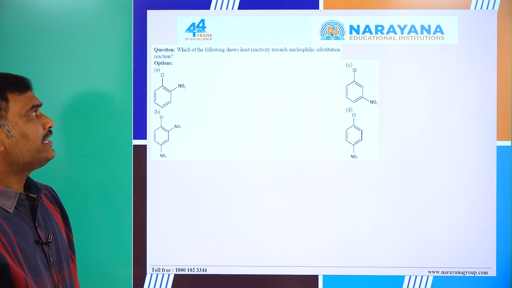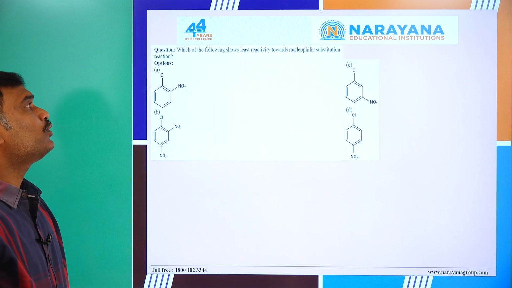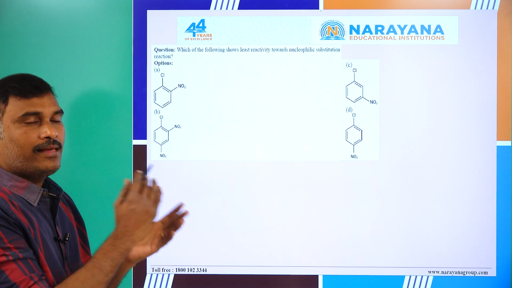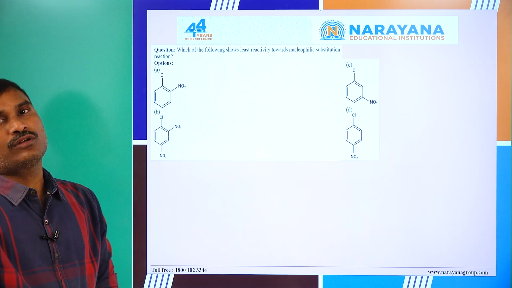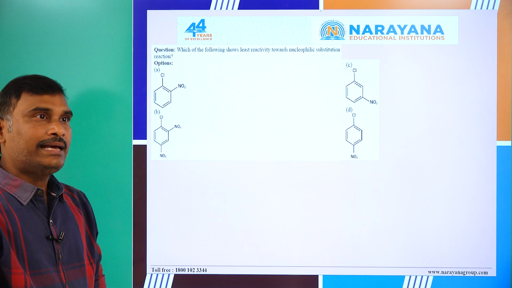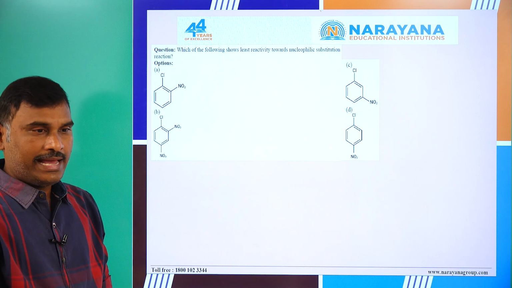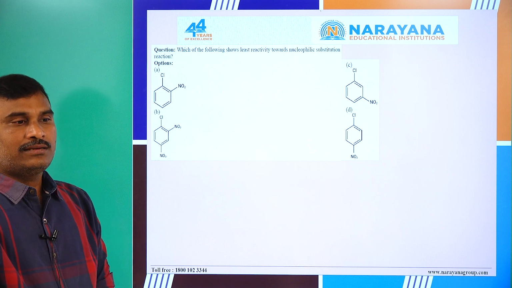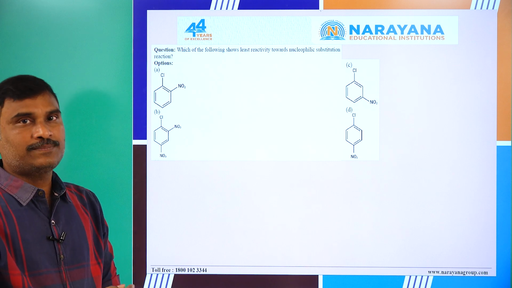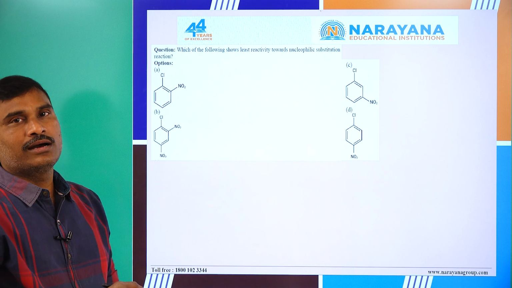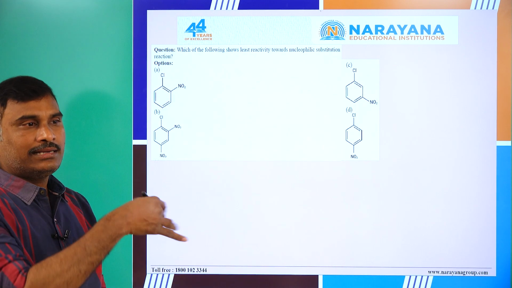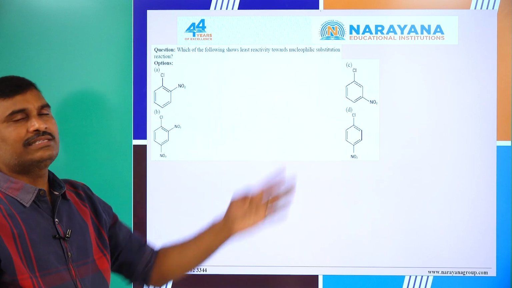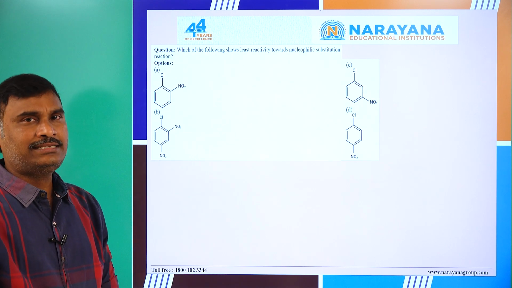Now, which of the following shows least reactivity towards nucleophilic substitution reaction? Generally, students, benzene undergoes electrophilic substitution. Aryl halides do not readily undergo nucleophilic substitution because of the strong double bond character, pi electron density and their hybridization, all these factors which decrease the reactivity of aryl halides.